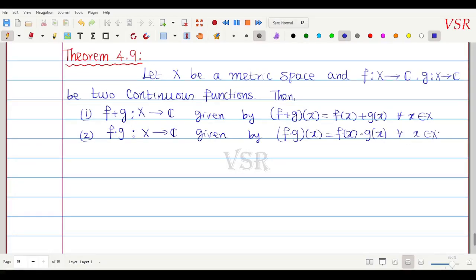And number three we are having this is F by G. It is a function from, of course, X ல இருந்து C க்கு போகணும்.